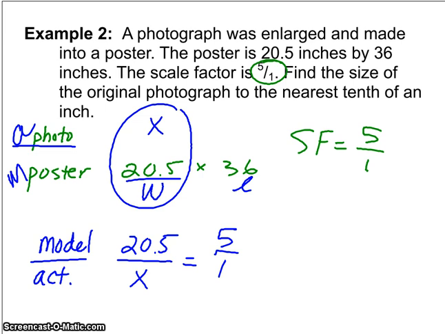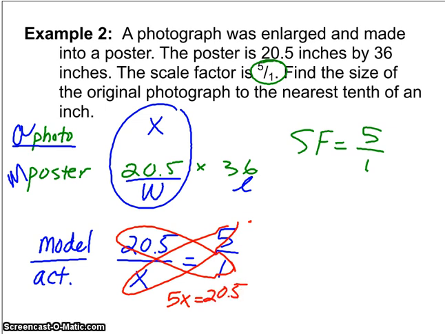Cross multiply. 5 times x is 5x, and this equals 20.5 times 1, which is 20.5. I divide both sides by 5, and we get 4 1/10. This is provided to us in inches. Don't forget your units. Now that's the width.